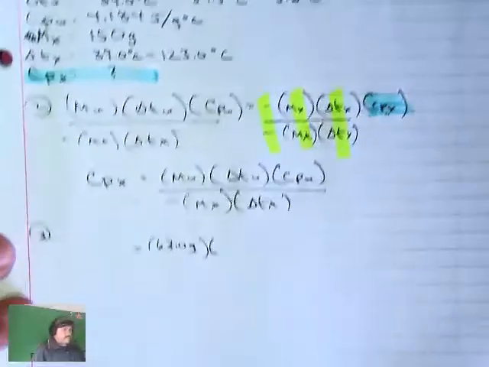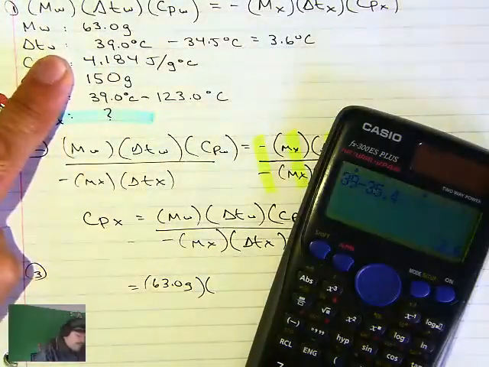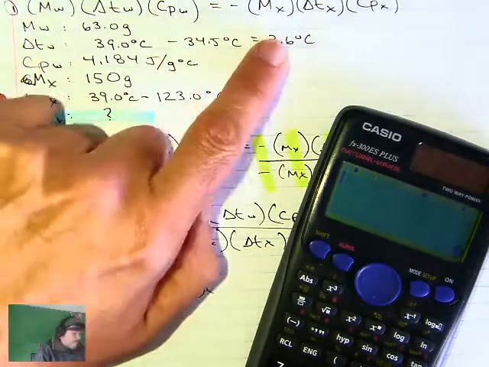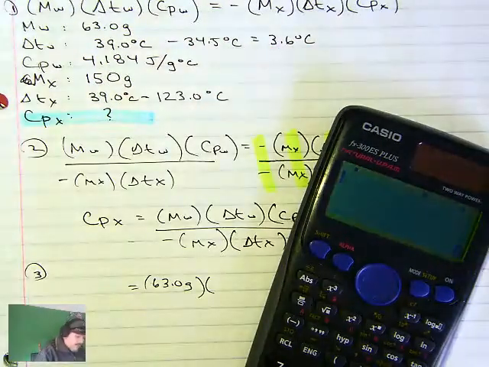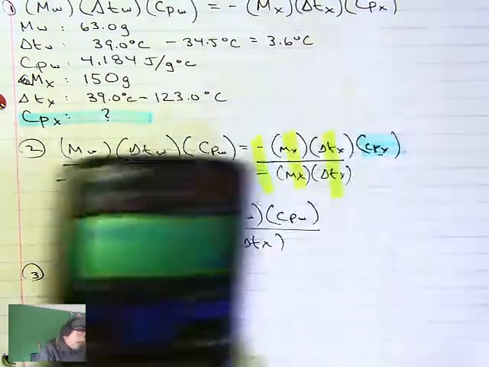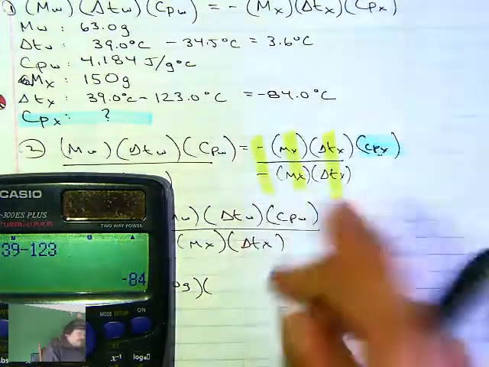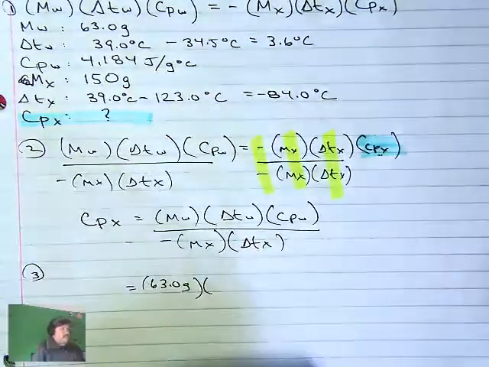The water temperature change always goes up. The water gets heated, so that should always be positive. If it's not, you did something wrong. The other one, the metal always loses. 39 minus 123, and you get minus 84.0 degrees Celsius because they both have one decimal.